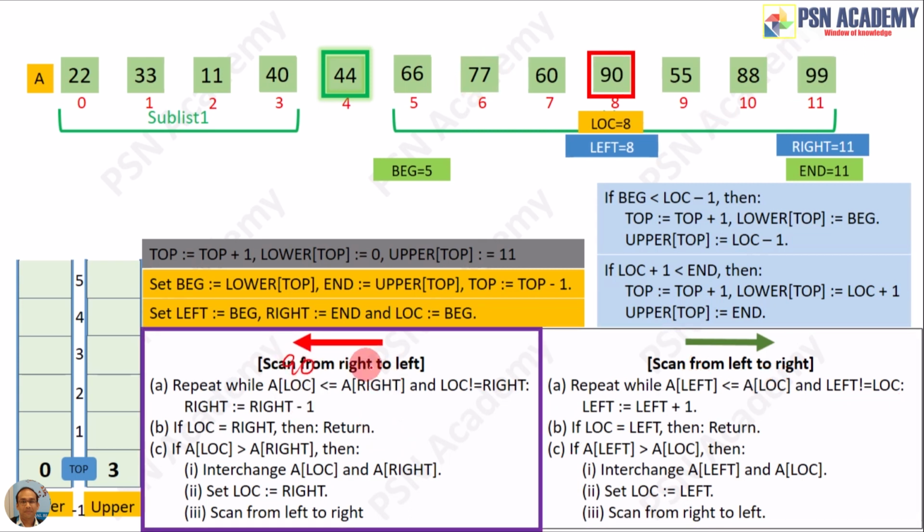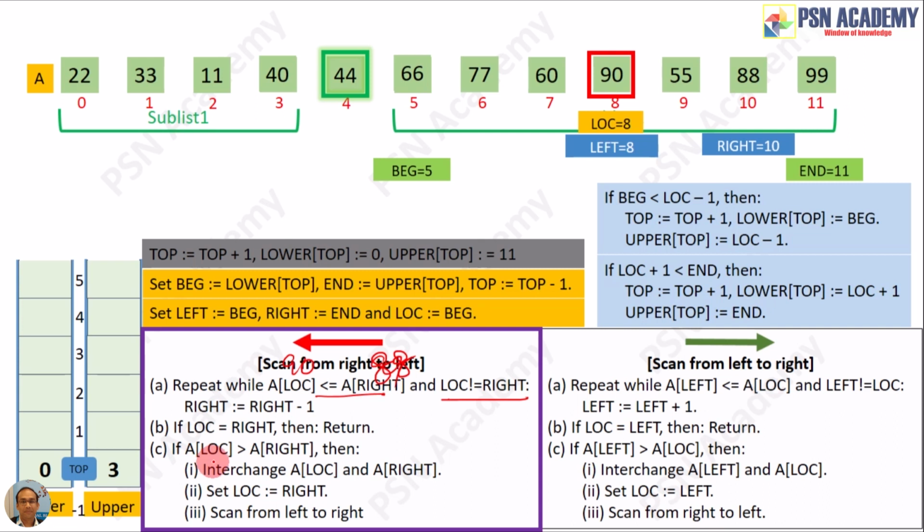You find A right, that is 99. So it's true. LOC is not equal to right. It's also true. So bring back right one step backward at 10. Here you find A LOC as 90 and A right as 88. So you find that this is not true. So you stop over here. You find B as false because LOC is not equal to right at present.